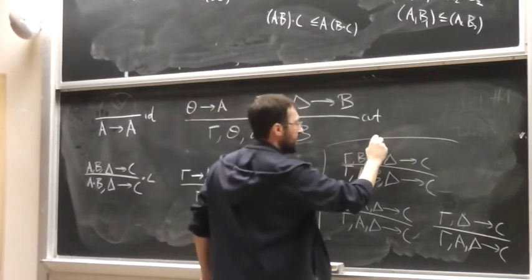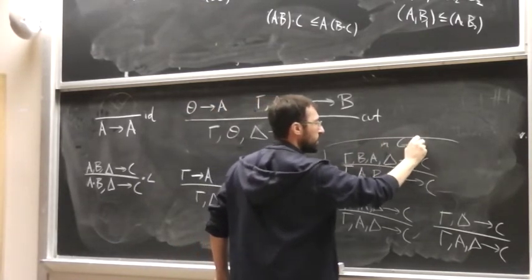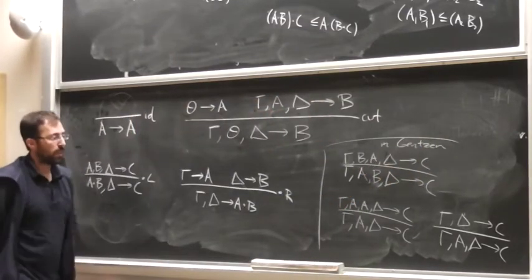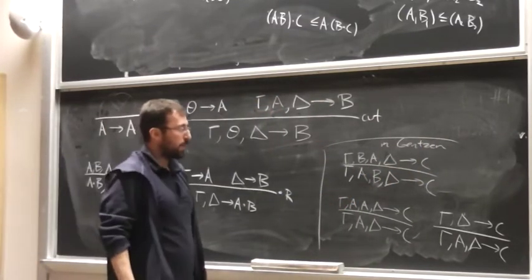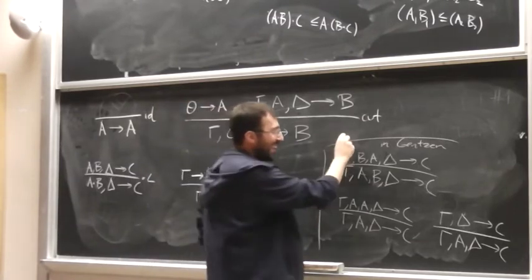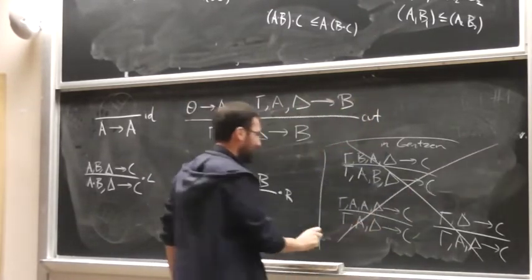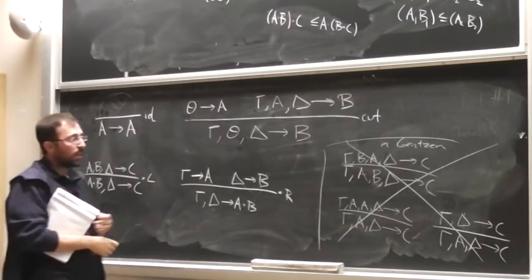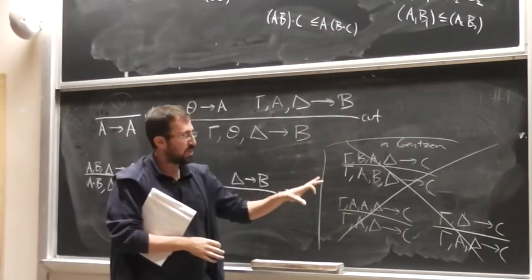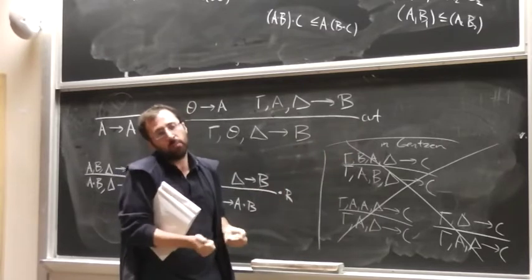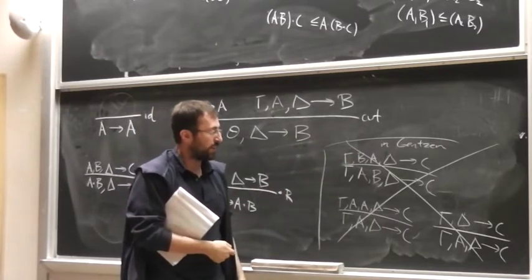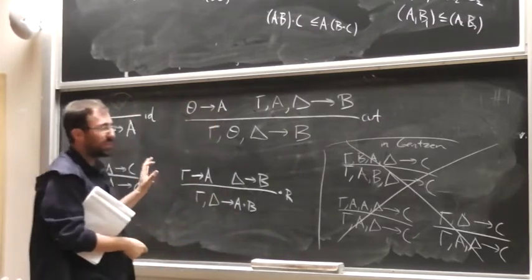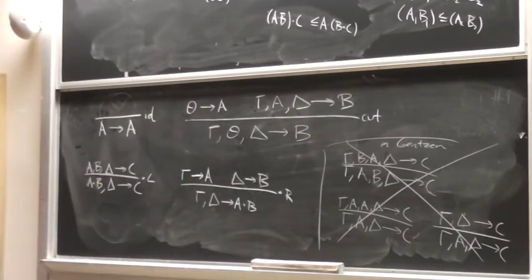These were part of Gentzen's original system. But we're not going to have these rules. They hold under the classical interpretation of logic for conjunction, because A and B is the same as B and A, and if you have A, then you have A and A. But it's not going to hold for what we're interested in.